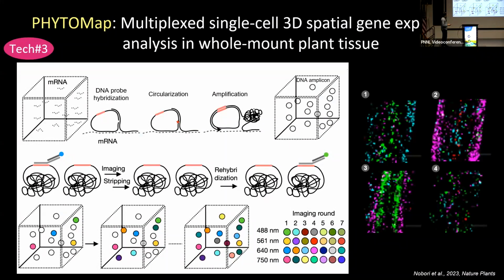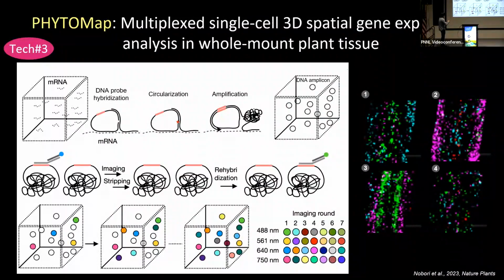So that was the motivation behind the development of Phyto-map, which is a multiplex and single cell 3D spatial gene expression analysis in whole mount plant tissue. I think I have some time to quickly explain how it works. So Phyto-map, so first you fix the whole mount tissue, so all the mRNAs don't move from their original positions.